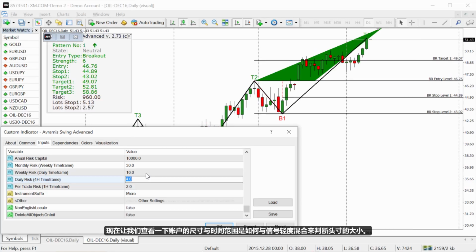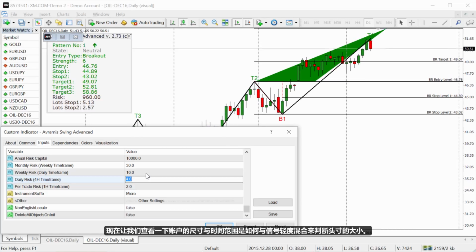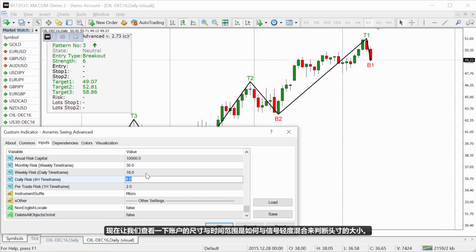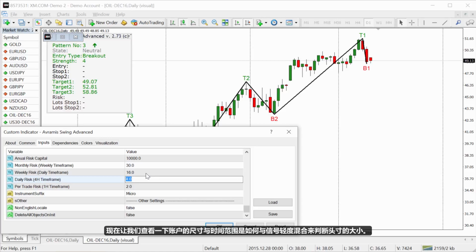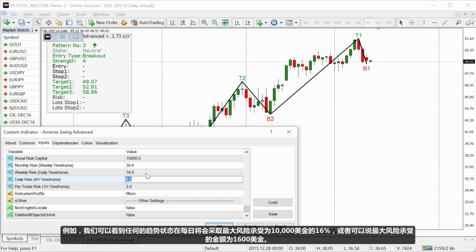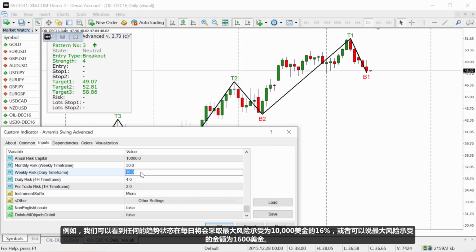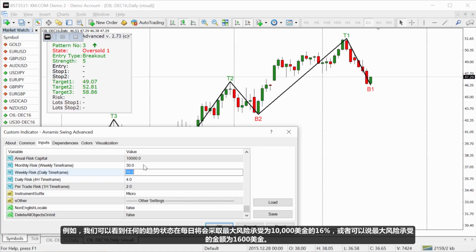Now, let's see how the account size and the time frame the trade is on mix with the strength of the signal in order to find the correct position size. For example, now that we are looking at the daily time frame, any possible trading scenario will take a maximum risk of 16% of that $10,000 allocation, or in other words, a maximum risk of $1,600.